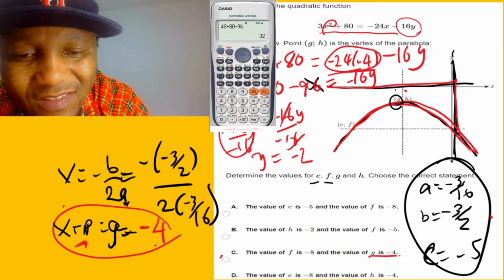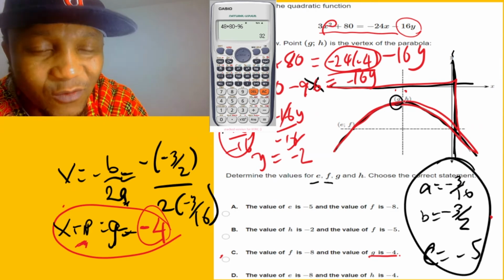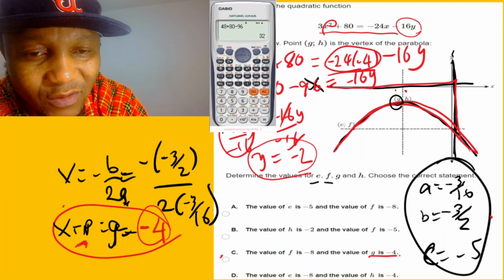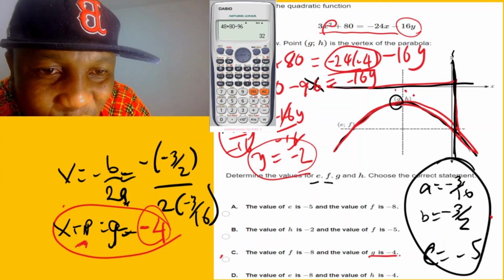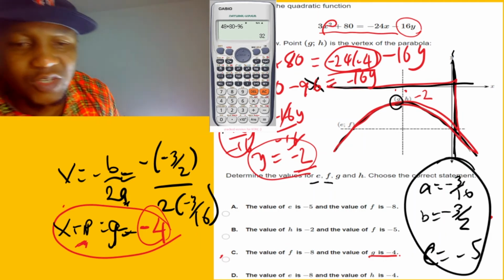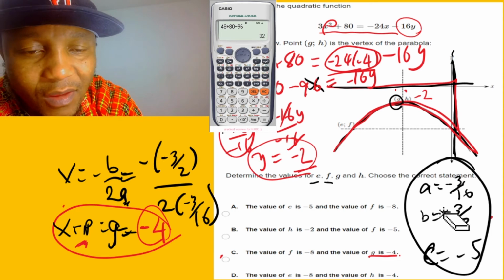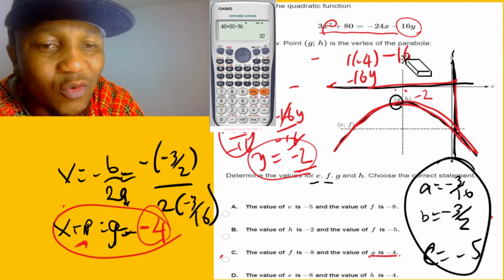So if x equals -4, which is this one, the value of y at the turning point, which is h in this case, equals -2. I hope you understand. So the value of h equals -2, because that's the y at the turning point. So I can just simply erase this. y equals -2, because that's the only thing I need.